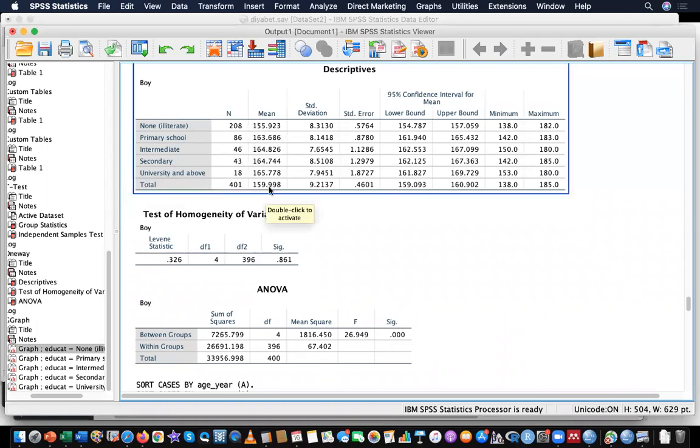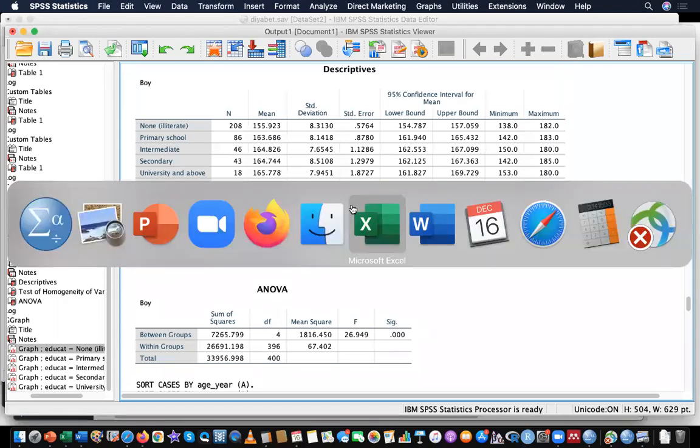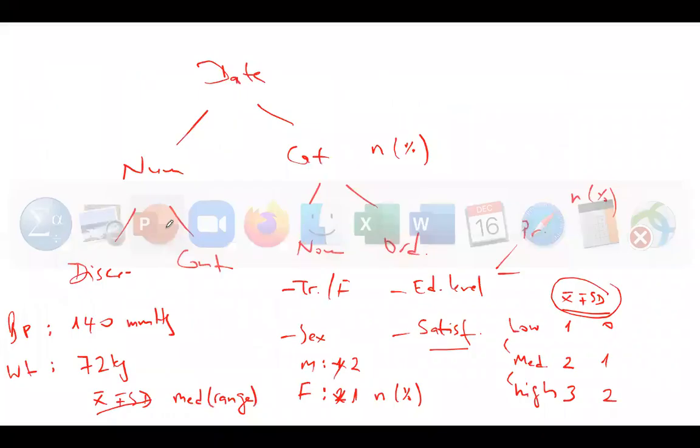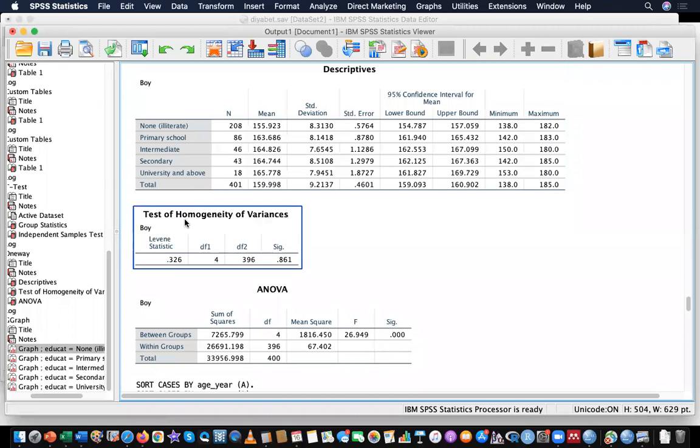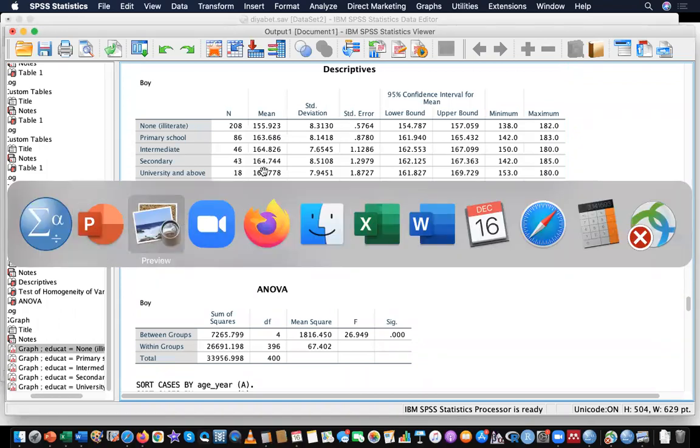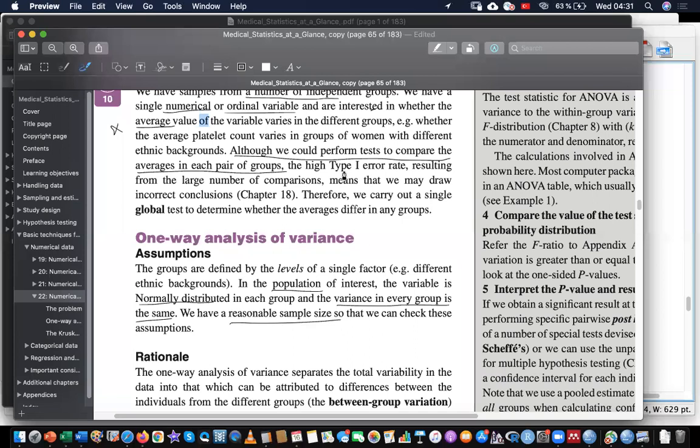So you would have many hypothesis tests. And remember from our errors in hypothesis tests, the alpha error rate, the type 1 error rate would increase very much. Is this clear?